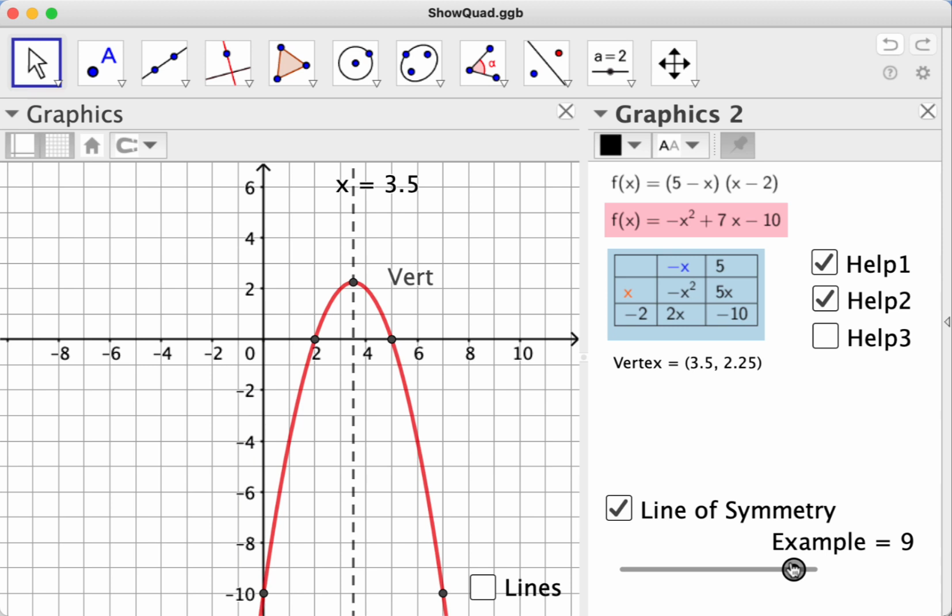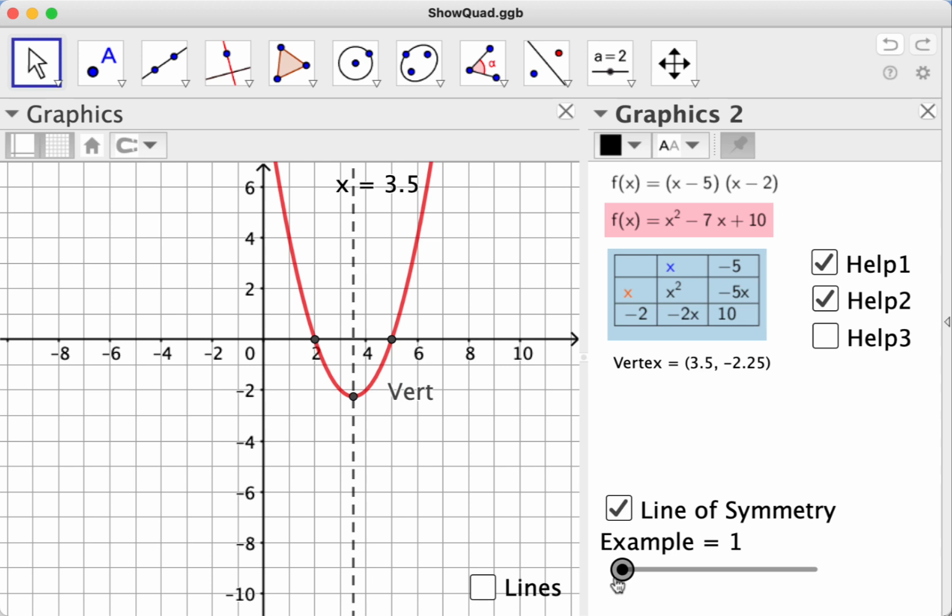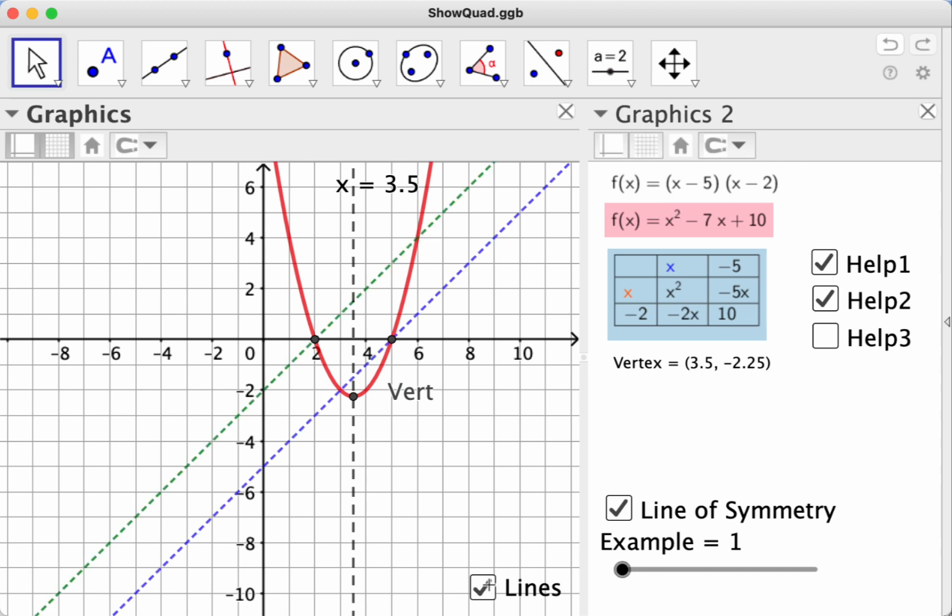And again, this is another one where we have a negative x squared term. And again, that means that it opens downward. One of the other things to make note of is that when we multiplied x minus 5 times x minus 2, well, if we look at the lines that we're multiplying, we have this blue line here is x minus 5. The green line is x minus 2.